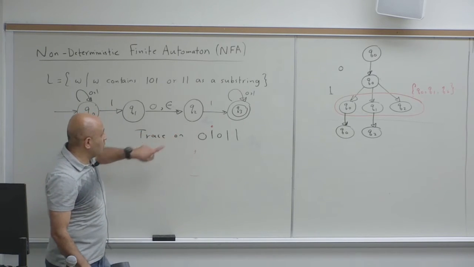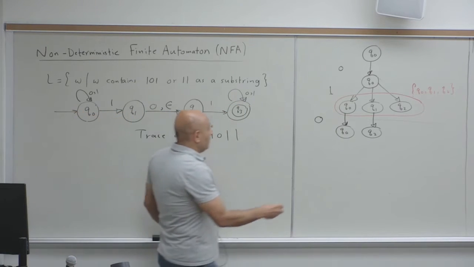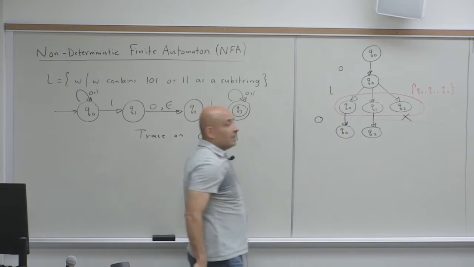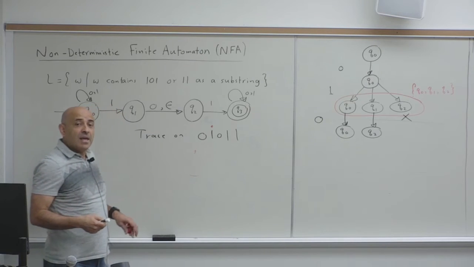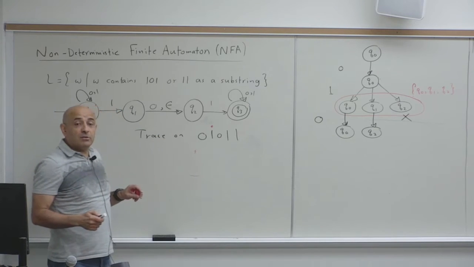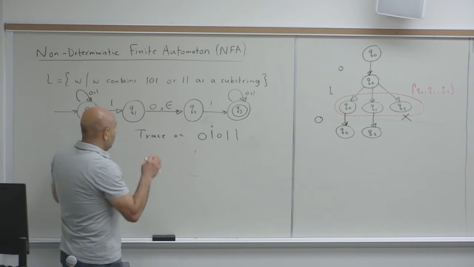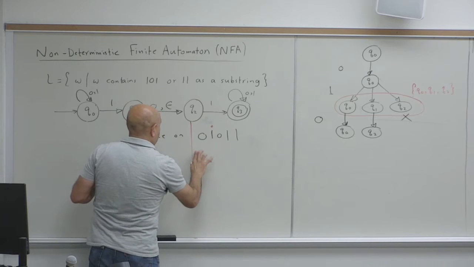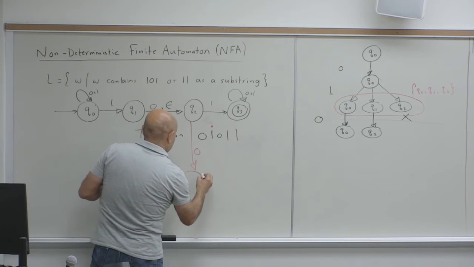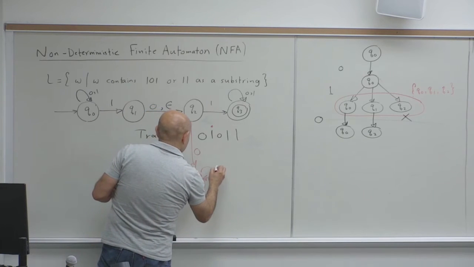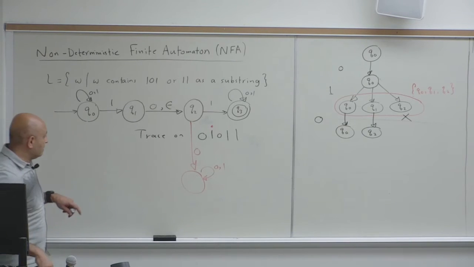So this means that with a 0, this is going to a dead end. You don't have any transition. Having no transition is equivalent to having a transition to a trap state in the DFA. So implicitly you are having a 0 transition to a trap state, and you will get trapped in the trap state.